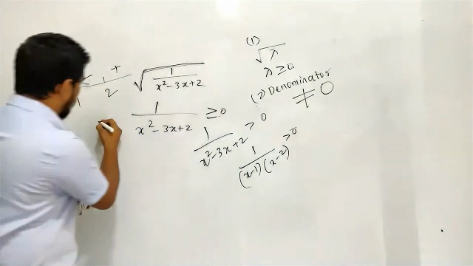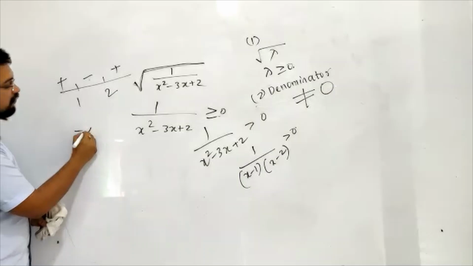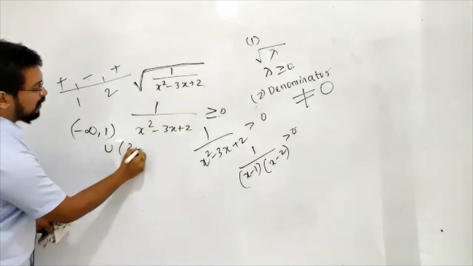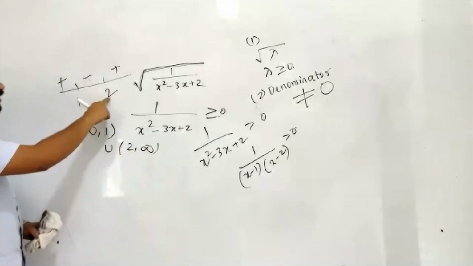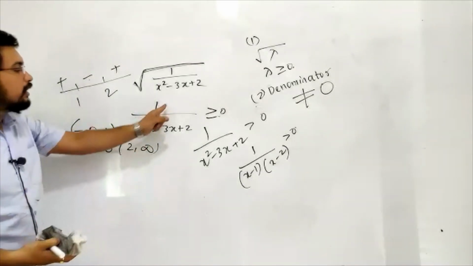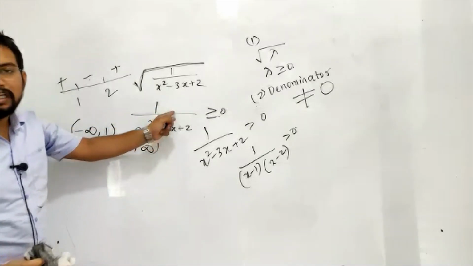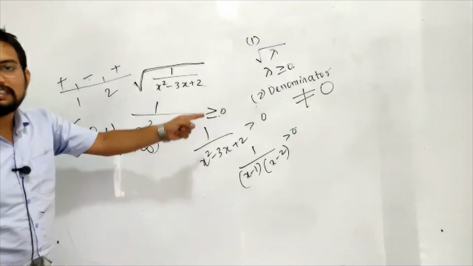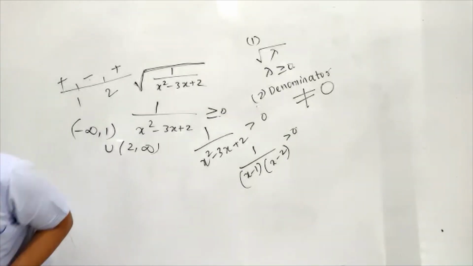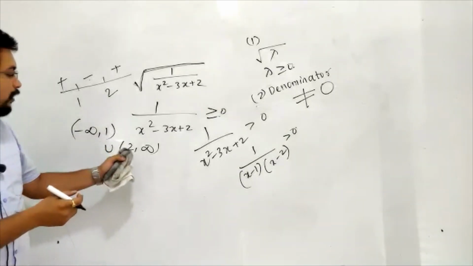So your answer will be minus infinity comma 1 union 2 comma infinity. I'm not including 1 and 2, because if I include them, you will get 1 by 0, which is meaningless.